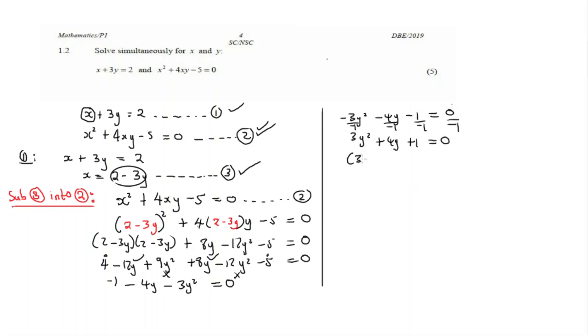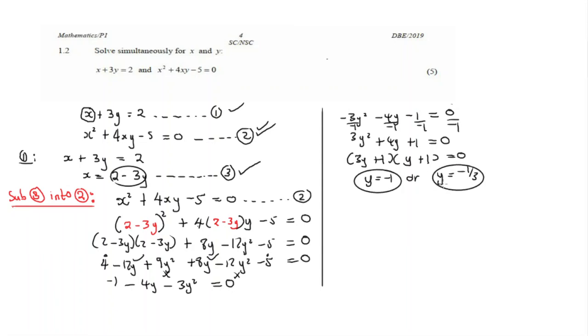So factoring method, equal to 0. So y is equal to negative 1, or y is equal to negative 1 over 3.